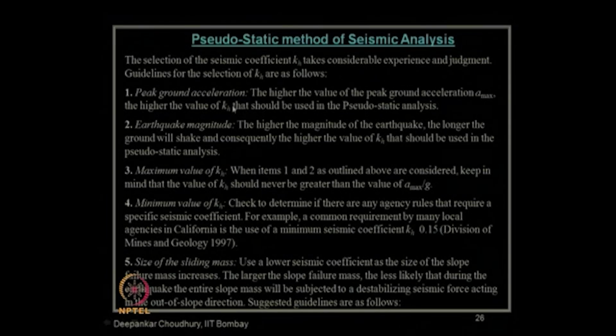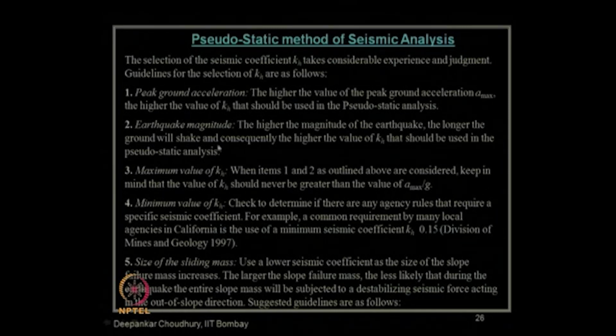So, we need to evolve certain criteria based on which we can select this kh value. As I have already mentioned the Eurocode criteria, how to estimate this kh value based on different factors. There are other codes worldwide which also suggest how to find out this kh value.